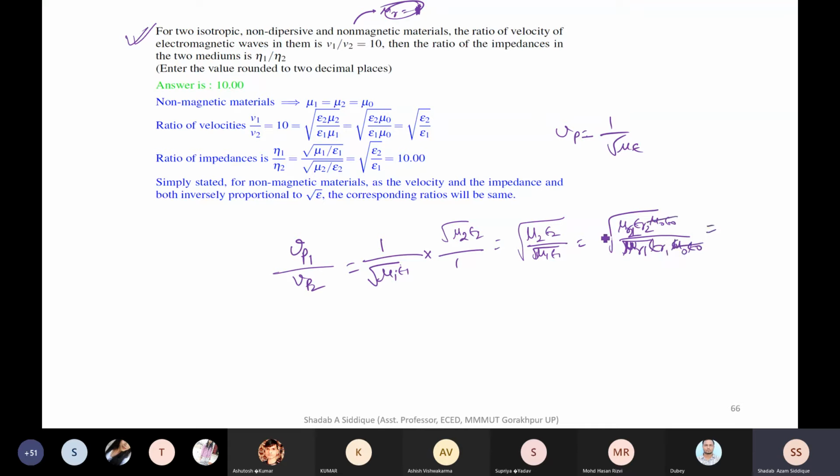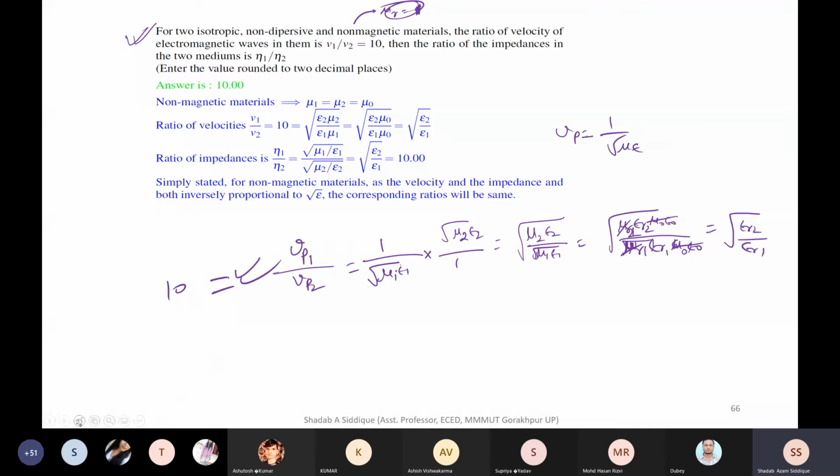This will be cancelled, and mu r1 and mu r2 are equal to 1. So that will be epsilon r2 divided by epsilon r1. So that is nothing but the ratio of phase velocity of electromagnetic wave, and that is the value which is given here as 10.